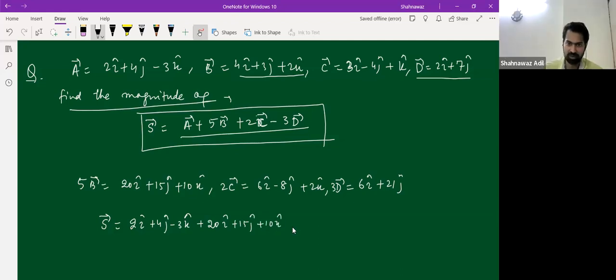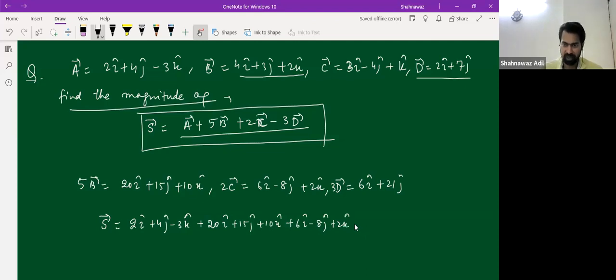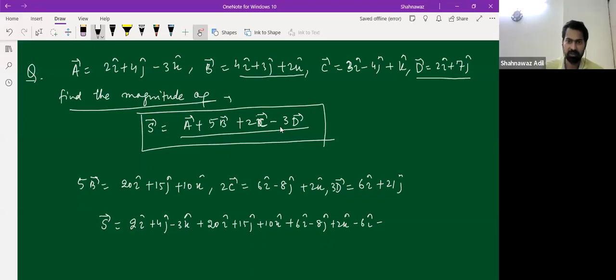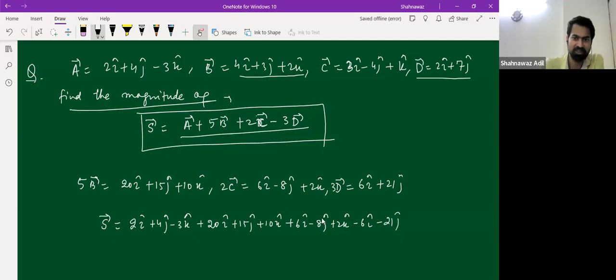So this is a long one, right? So let me write plus 6 I cap minus 8 J cap plus 2 K cap, and minus 6 I cap. Sir, this is supposed to be minus, because this is minus 3, right? Minus 21 J cap. Yes, you were correct. Why were you hesitating?